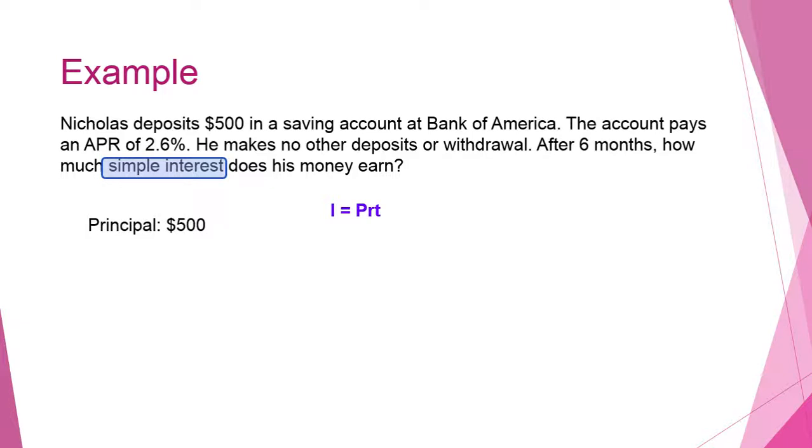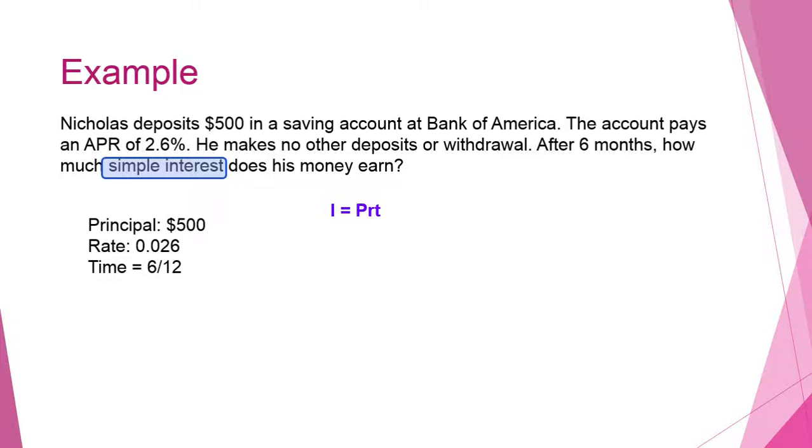So P is the principal, which is how much he deposited. That's 500. R is 2.6%. Convert that to a decimal, giving us 0.026. And then T, remember time is in years, but because the question is saying 6 months, we want to divide 6 over 12 because there are 12 months in a year, and that should be 0.5.